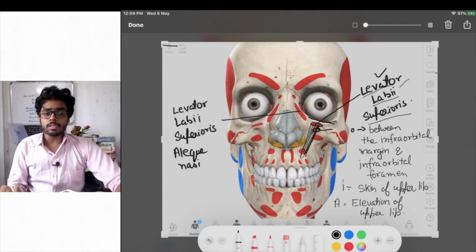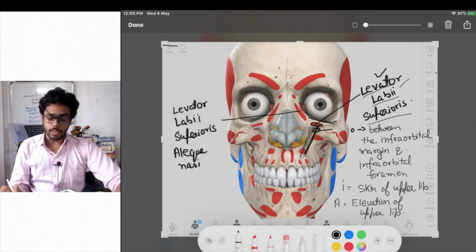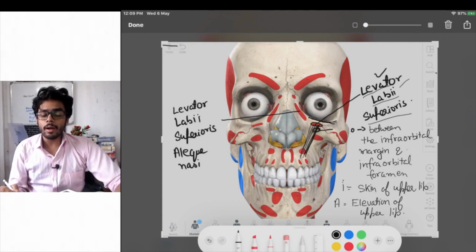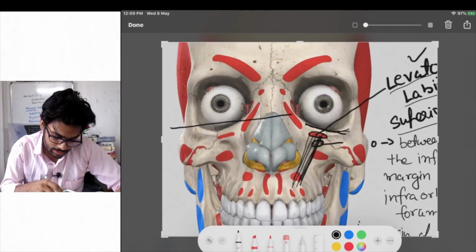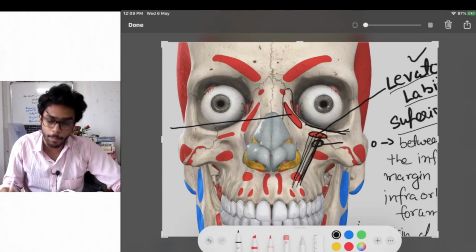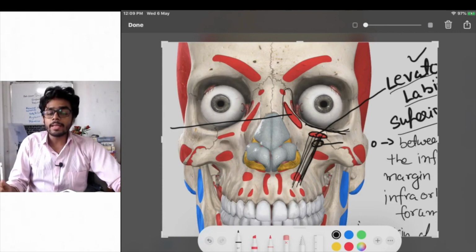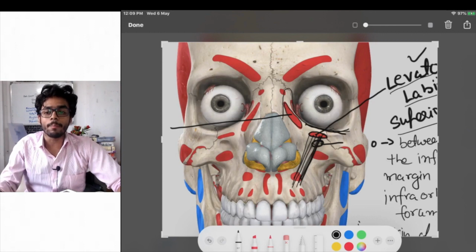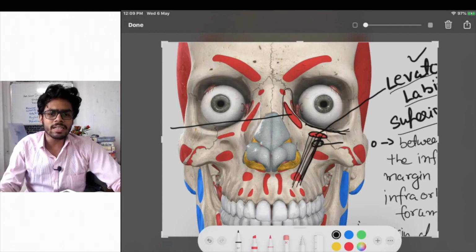Now we will study levator labii superioris alaeque nasi. It arises from the frontal process of the maxilla. You can see here, this is the frontal process of the maxilla, and this muscle arises from it. And where is it inserting itself?